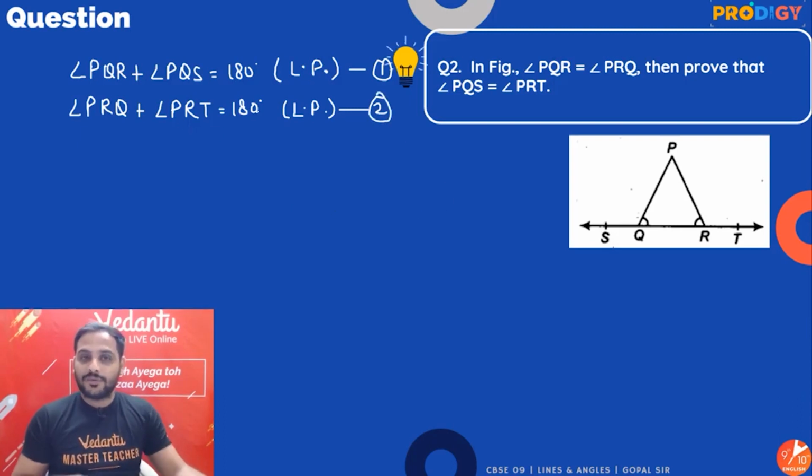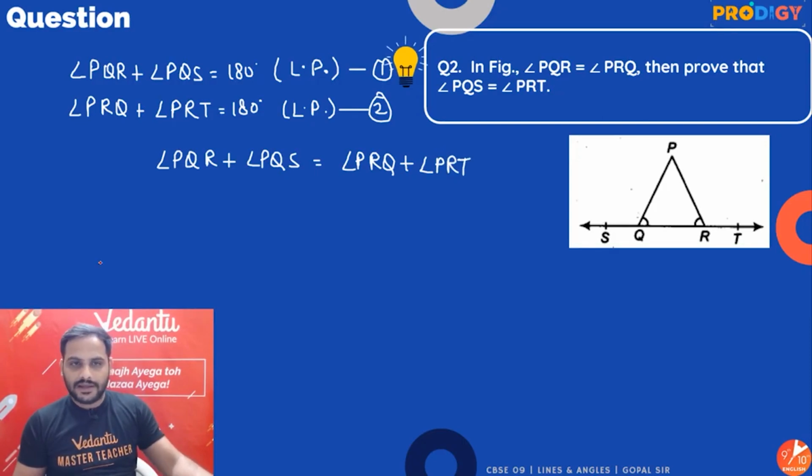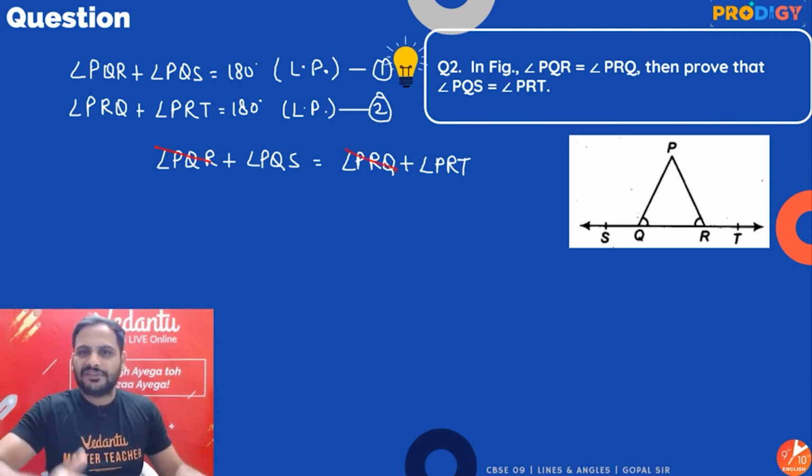I can say both the equations will be equal, because RHS is 180 degree for both. So I can say angle PQR plus angle PQS is equal to angle PRQ plus angle PRT. Now guys, I know angle PQR and PRQ are exactly equal. So PQR and PRQ can be cancelled. Both will be the same values.